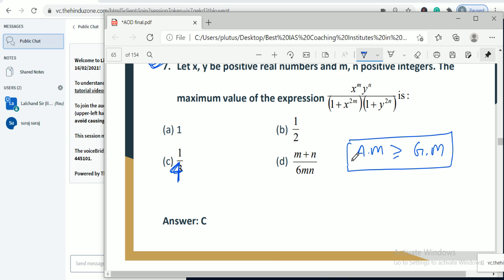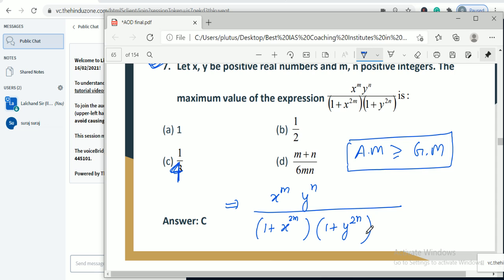Anyone? No. Okay. Look, we have x to the power n into y to the power n divided by 1 plus x to the power 2m, 1 plus y to the power 2n, isn't it?